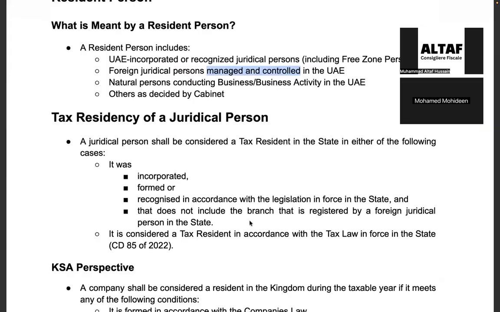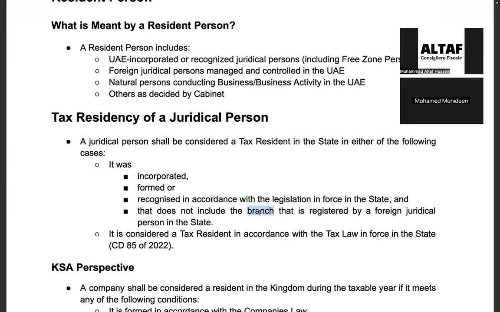That does not include the branch, but we should also remember that a branch is a permanent establishment. We're going to read the definition of permanent establishment. The fact that a branch exists in itself is an indicator that this is the presence of a non-resident person.